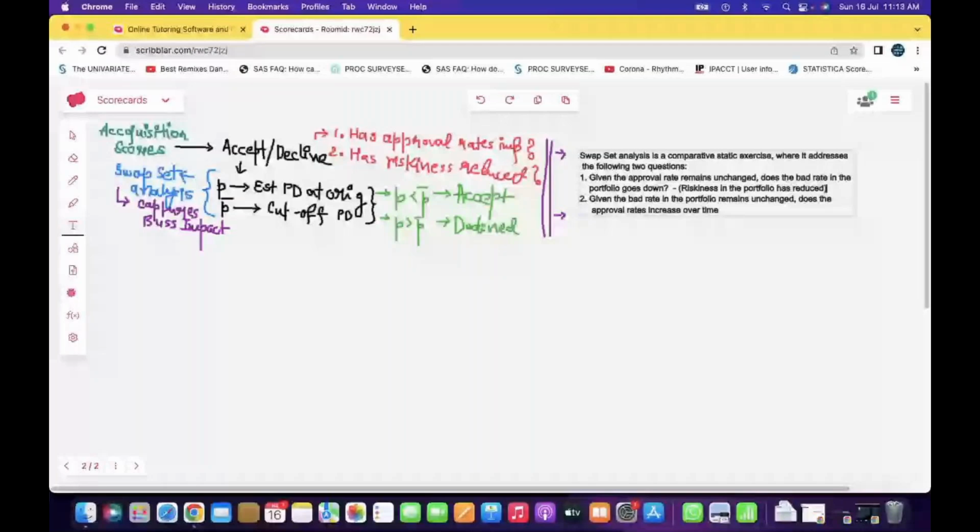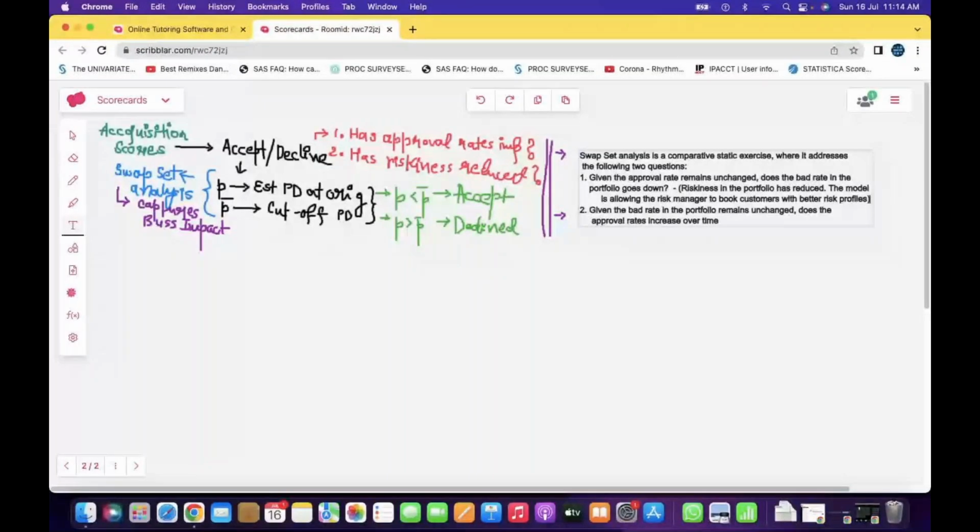The model is allowing the risk manager to maintain, with similar risk, better risk profiles. Right, so riskiness in the portfolio has reduced.